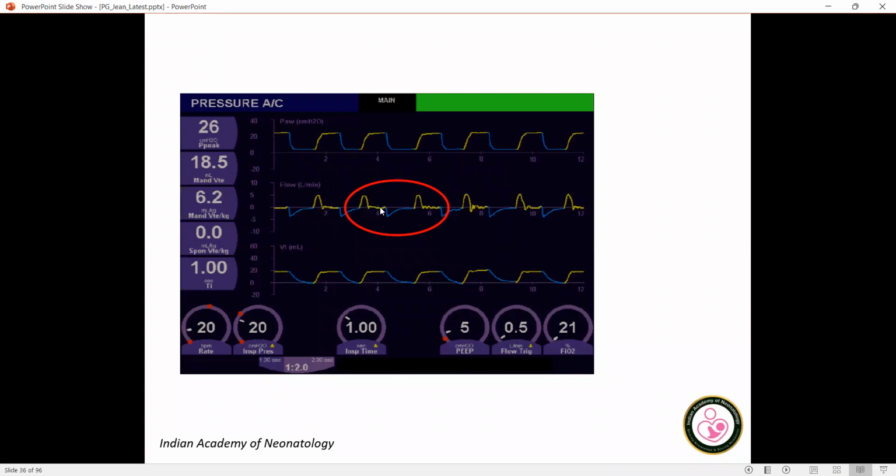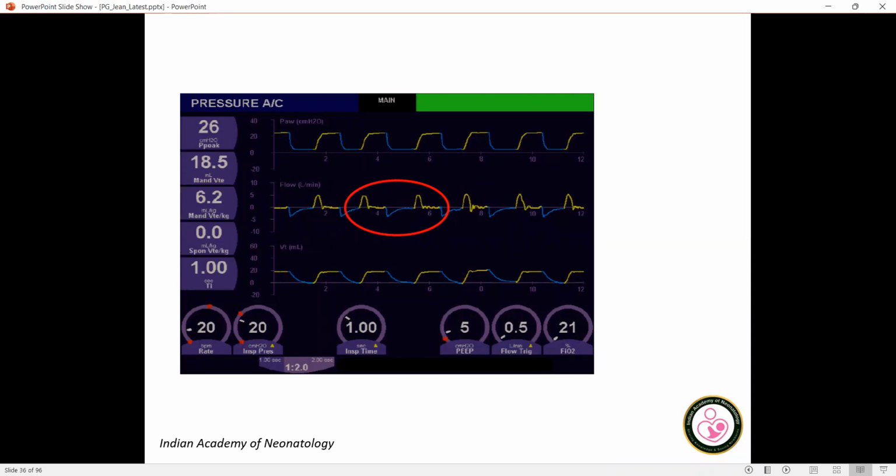This is what is known as inspiratory hold. It is a zero flow state. The pressure has already been achieved. The flow has become zero, but the baby is in a state of inspiratory hold. The lungs are filled with air.